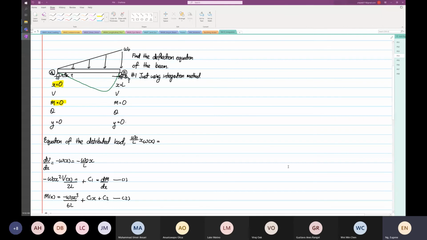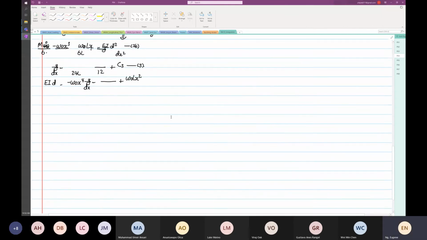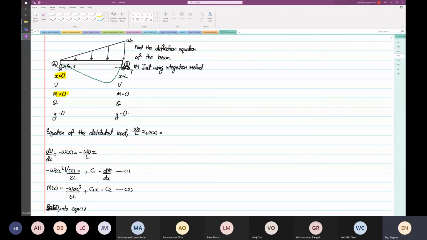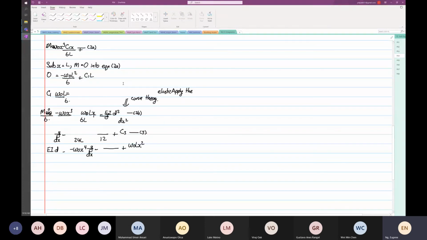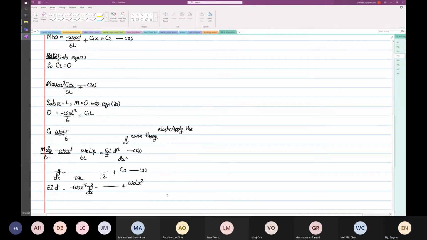So coming back to where we are, I hate Microsoft for doing this to me. Sorry, people. You can see what it's doing, right? It's rearranging my equation, and I don't know why. Hold on.